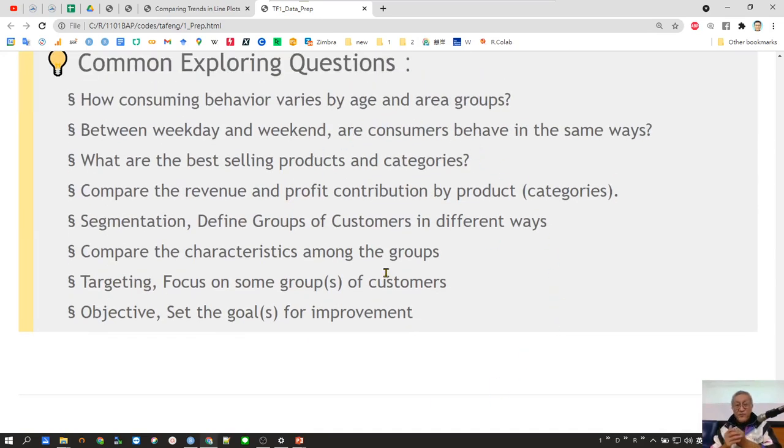At the end of the first notebook, I actually have a list of example exploring questions. Exploration, as I told you, does not have a fixed or specific objective. You look into the data to see what you can see.